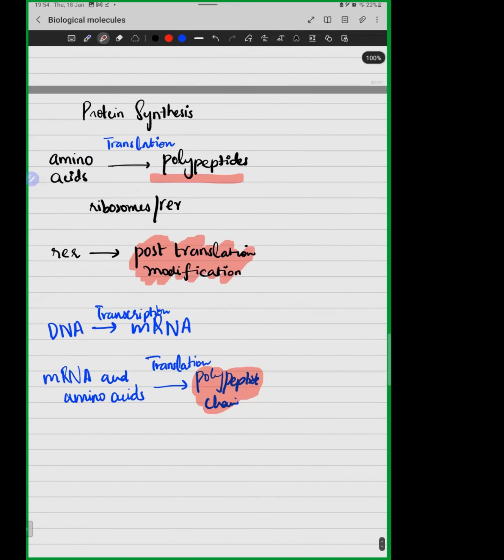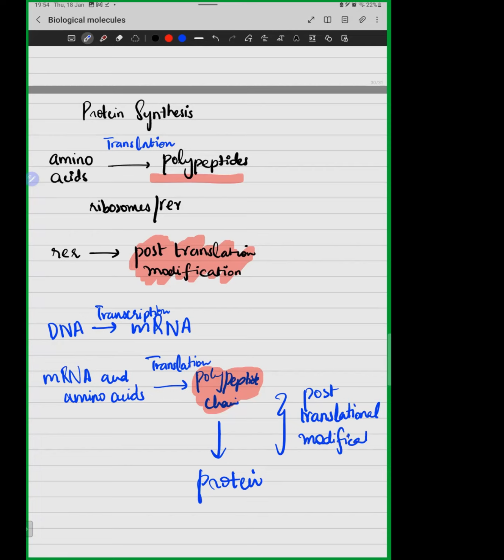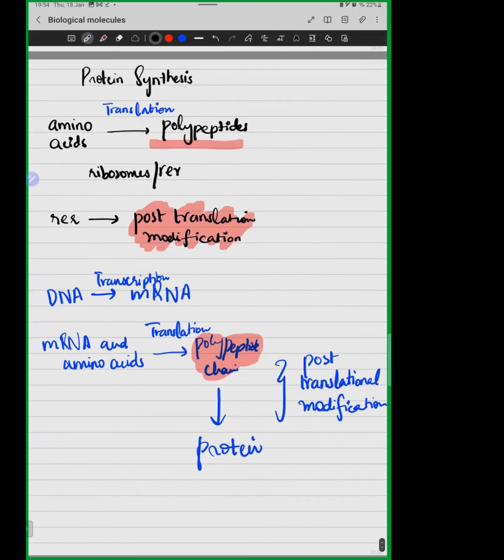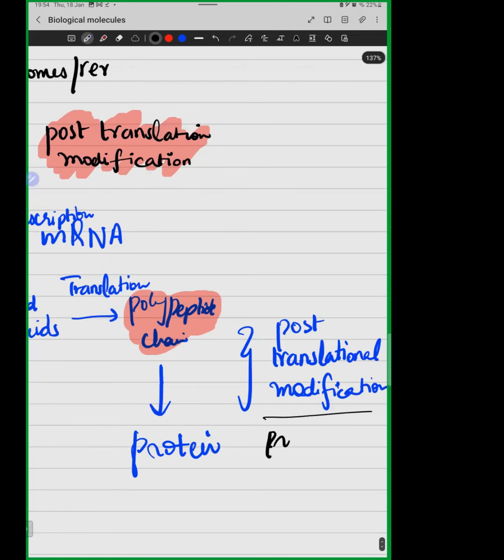Now this polypeptide chain has to go through some modification to form a protein molecule, right? It has to become a protein, and this process we call post-translational modification, and this occurs within your RER. The other name for this process, which we are now starting to study, is protein folding.